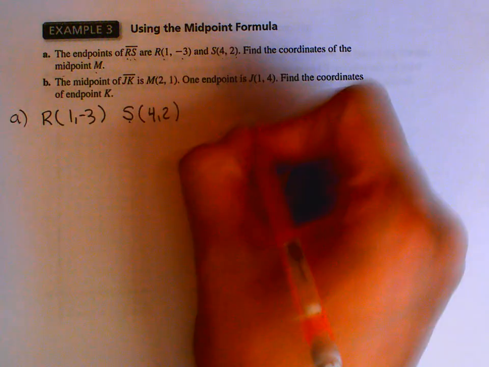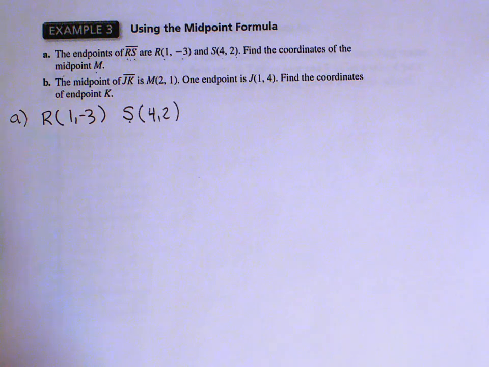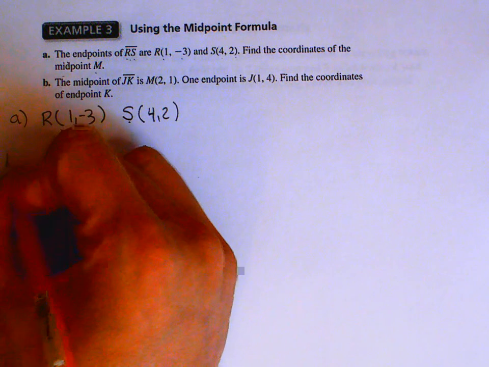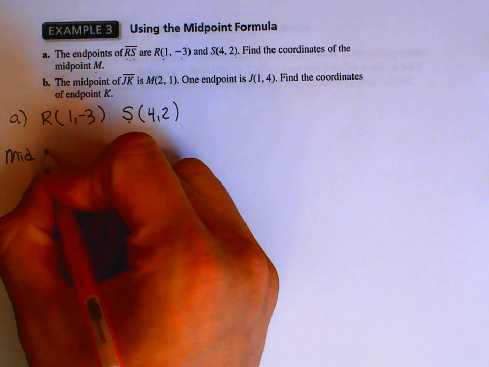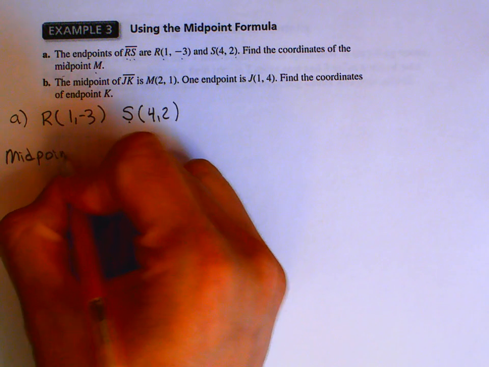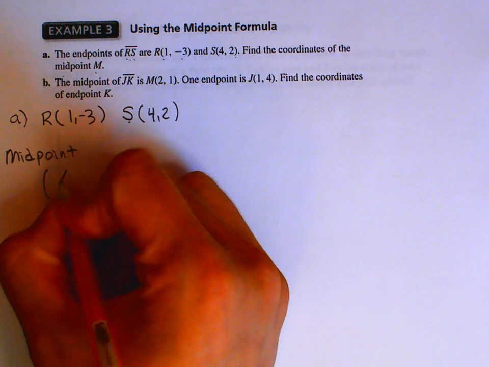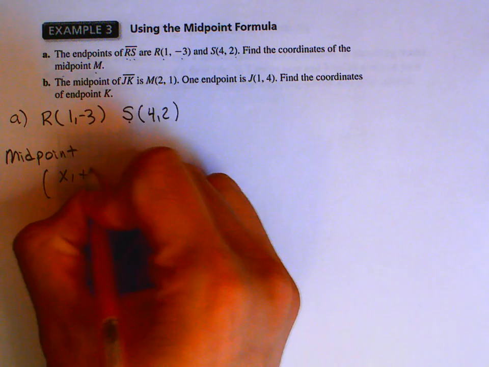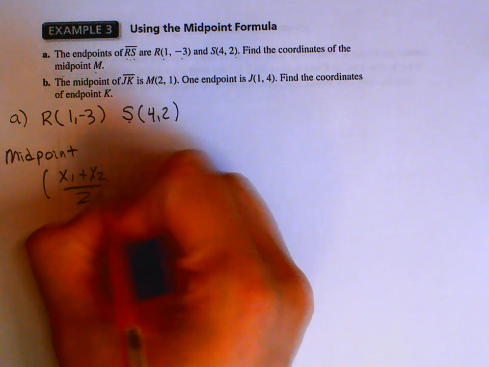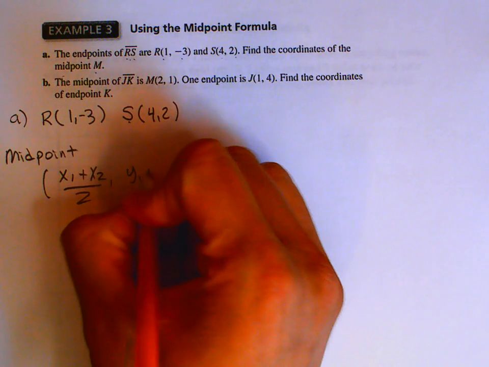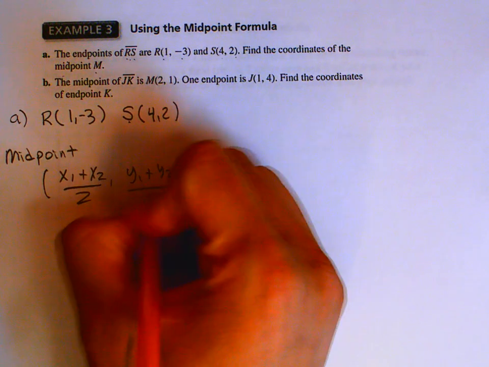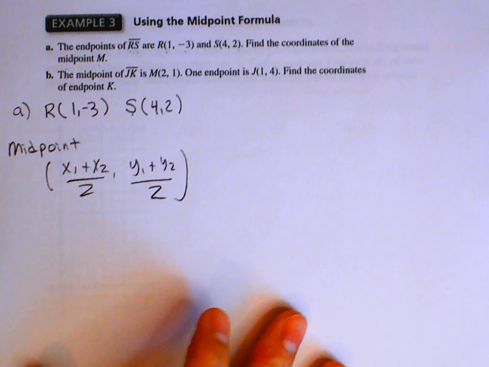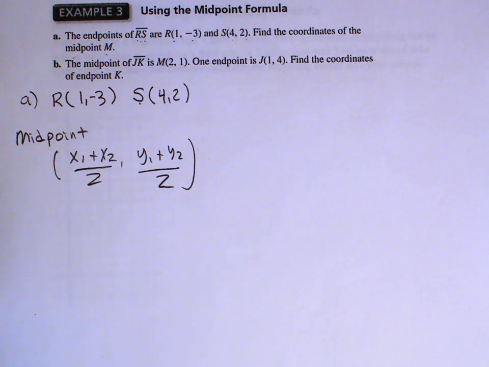All right, so we are going to use the equation for the midpoint. We already know it's this one, x1 plus x2 over 2, y1 plus y2 all over 2. So all we're going to do is literally just plug the numbers in.